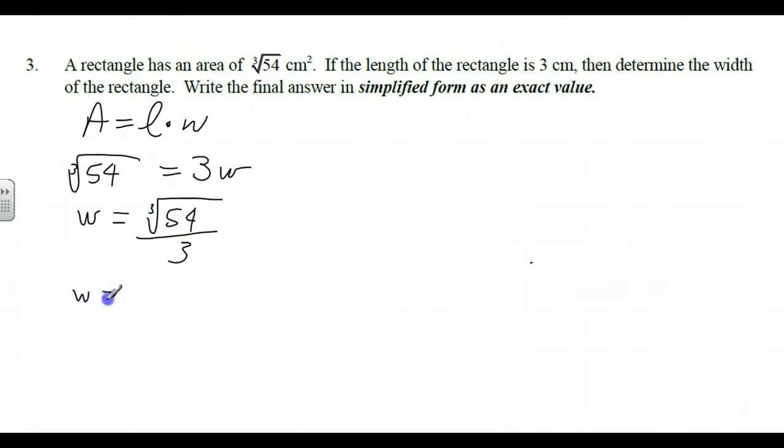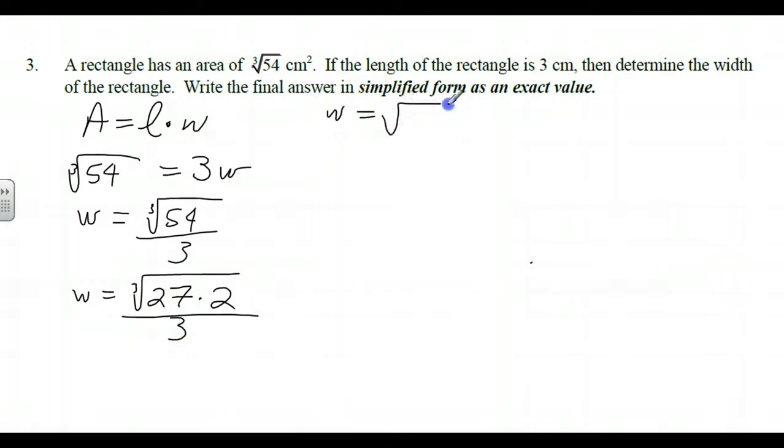So, cube root 54. Well, are there perfect cubes that go into 54? 27 times 2. So W is cube root of 27 times the cube root of 2 all over 3.